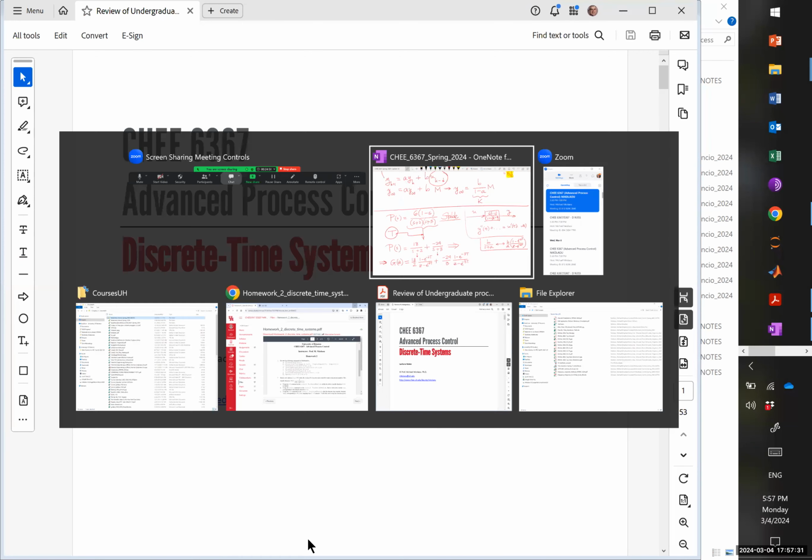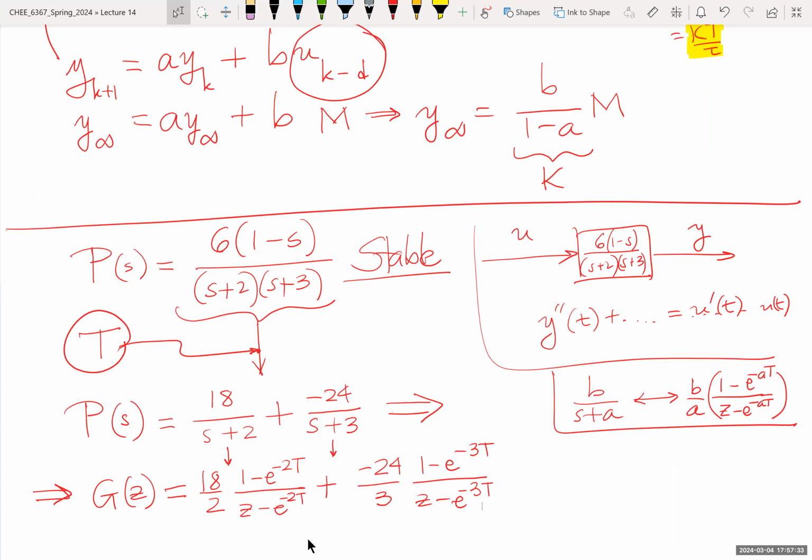This is great. All right, so far so good. Before we continue, a general result: the pole of this term is equal to what again? In continuous time? Minus A, yeah.